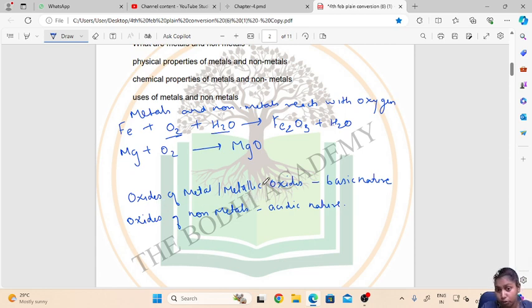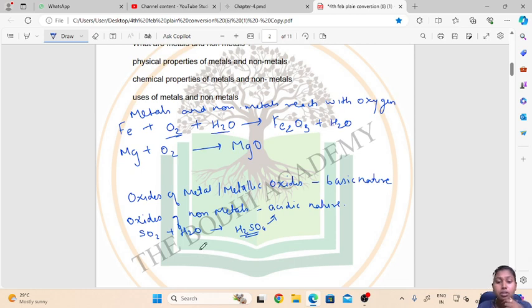Metallic oxides are formed. For example, here MgO or Fe2O3, these are metal oxides. So these are basic in nature. Whereas for non-metals, if we combine sulfur dioxide with water, because water also has oxygen in it, it forms sulfurous acid, and this is acidic in nature.